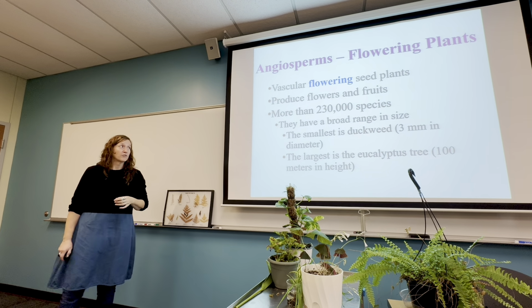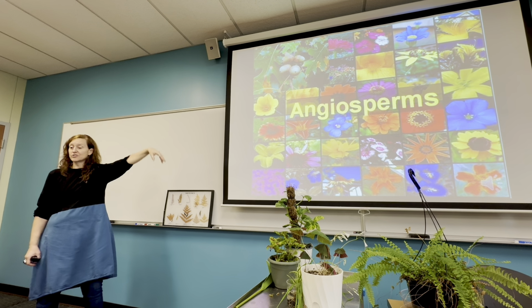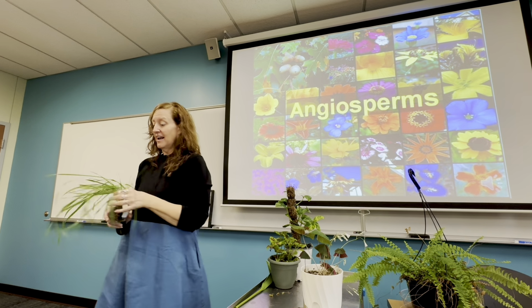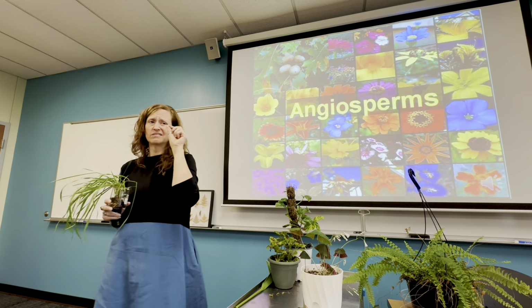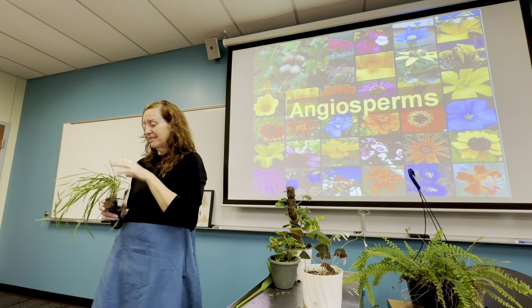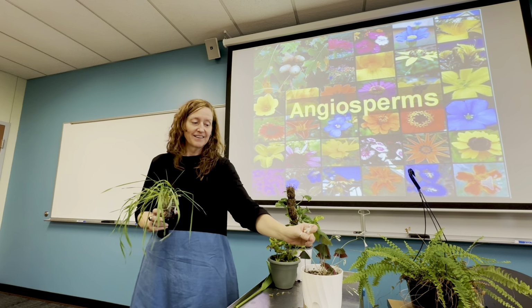So we have a great diversity in what the flowers look like. Not all flowers are like this, but grasses can have flowers that look like little weird landmines. They almost look like little bombs that they form. So this is a flowering plant, just like this is a flowering plant.